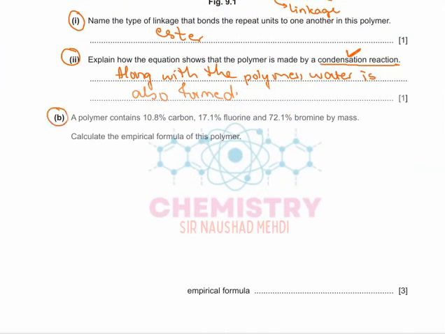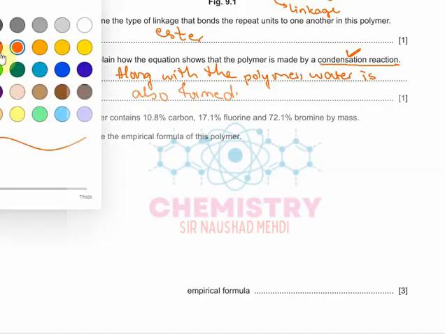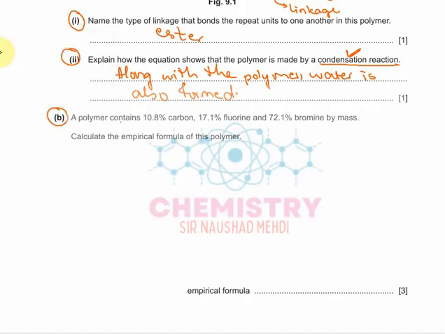Now coming to part B, it is saying a polymer contains 10.8% carbon, 17.1% fluorine and 72.1% bromine by mass. Calculate the empirical formula. As you all know, for the empirical formula we have two steps. The first step is to divide the percentage, whatever percentage is given, by the AR. So carbon's percentage is 10.8 divided by 12.